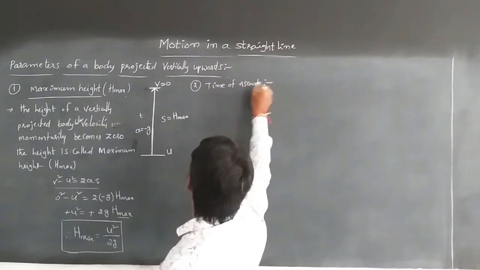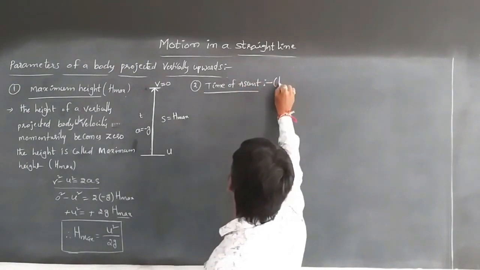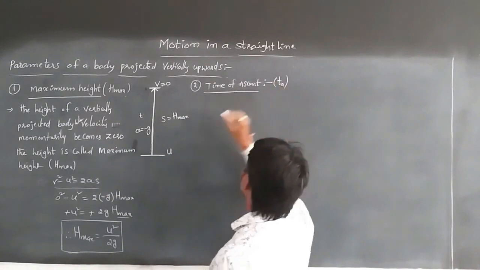Time of ascent is denoted with a small t suffix a.